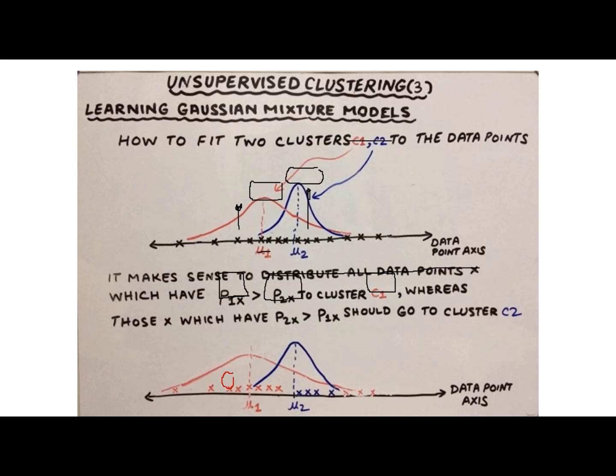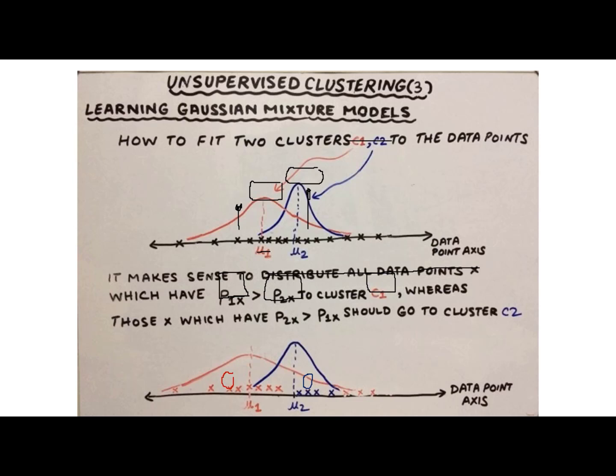So we are going to color this data point with blue color. We do this for all the data points, and now we have two different colored data points, the blue colored data points and the red colored data points.